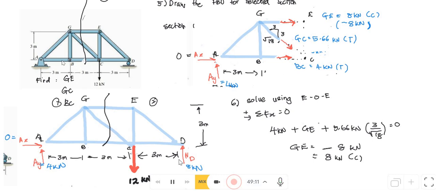It should be the other way around. So we try to double check our answer. If we can get 0, it means what we have done here is correct.